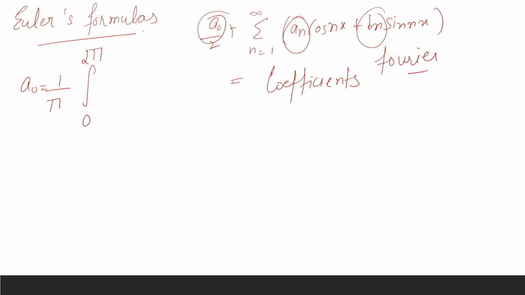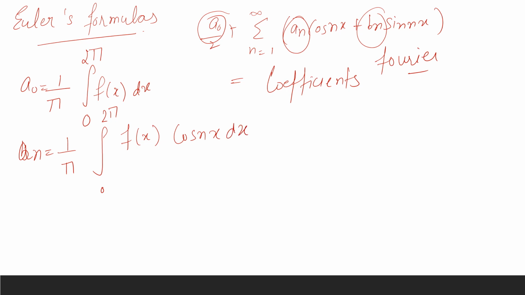So a naught is equal to 1 upon pi integral 0 to 2 pi f(x) dx, and an is equal to 1 upon pi integral 0 to 2 pi f(x) cos nx dx, and bn is equal to 1 upon pi integral 0 to 2 pi f(x) sin nx dx.